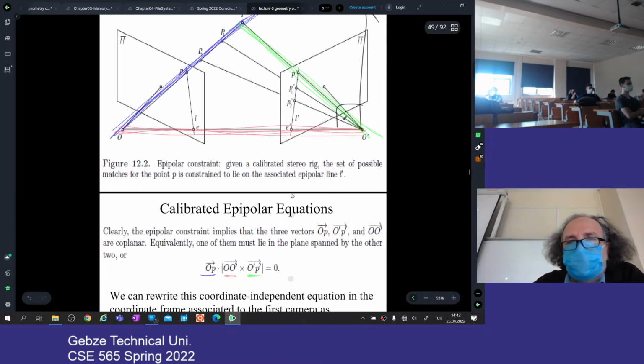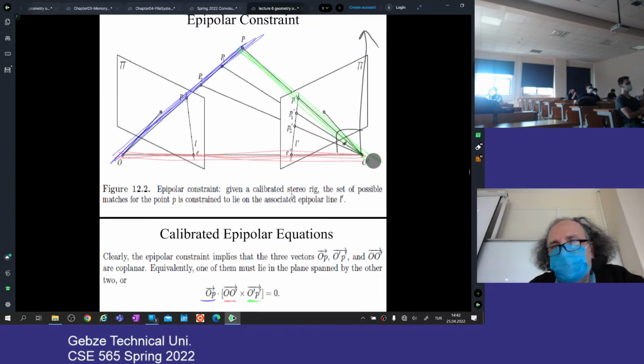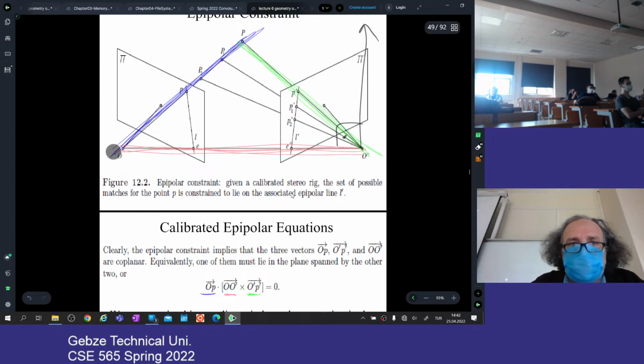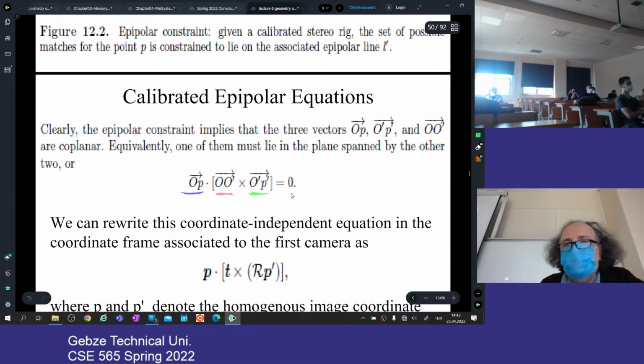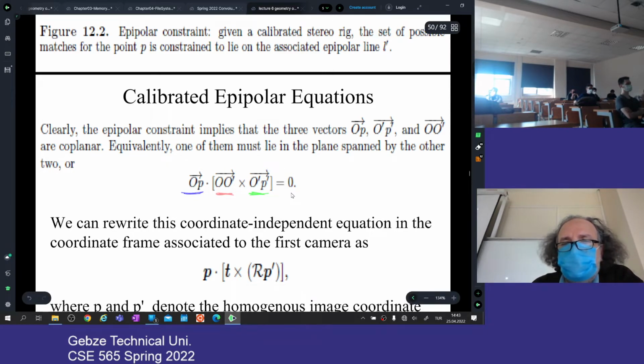So this is O prime, this is O prime P prime, and this is OP. Okay, that's what I have. This equals 0. This is important because once we get 0 on one side of the equation, then I can do many things. I can take advantage of it.